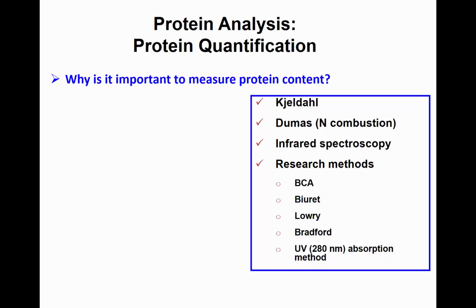That too. For example, if you want to determine a certain function, like let's say emulsification, you want to determine how many milliliters of oil 1 gram of protein emulsifies. So you want to know in your powder how much protein you have so that you can do the math later on and determine the functionality based on the protein in your sample rather than the powder.